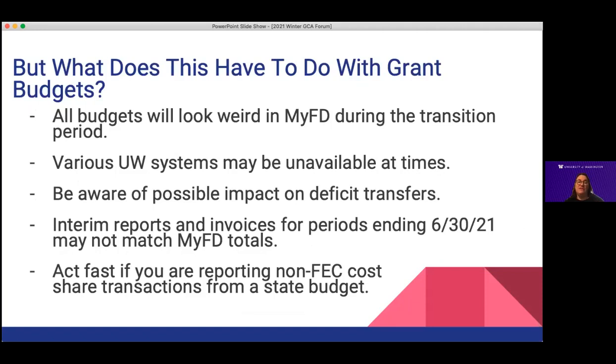There are various UW systems that may be temporarily unavailable as they're going through their updating process for the biennium. It could have an impact on deficit transfers. You will need to consider whether your transfer is going to go to the prior or the new biennium. And you'll also need to act fast if you are reporting non-FEC cost share transactions from a state budget.